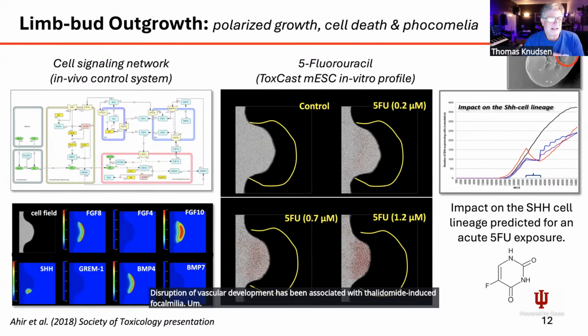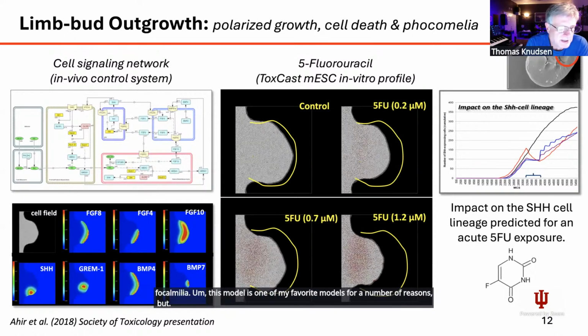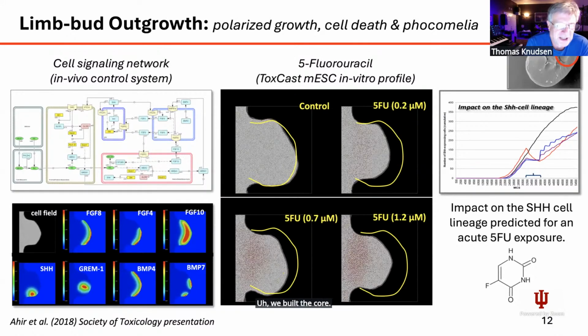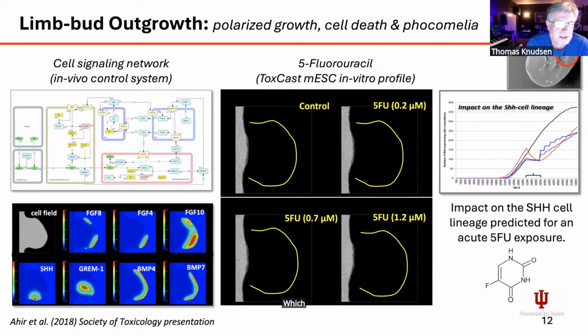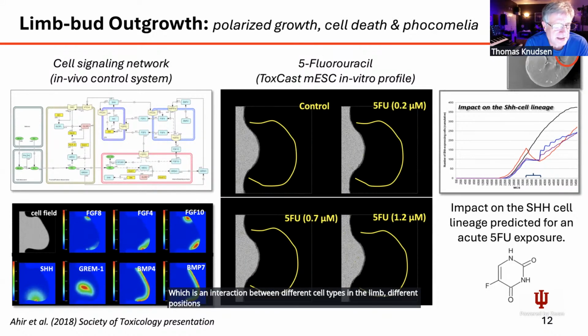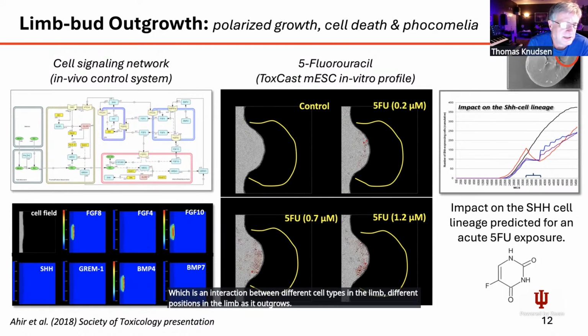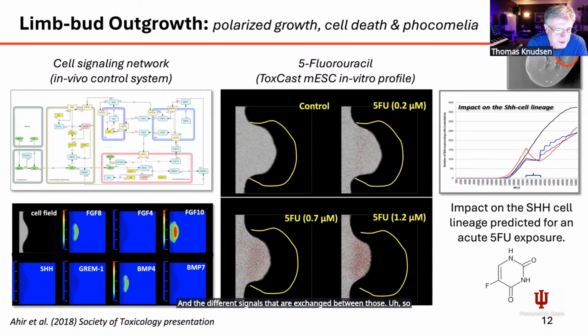This model is one of my favorite models for a number of reasons, but we built the core control signaling network shown up in the upper right, which is an interaction between different cell types in the limb, different positions in the limb as it outgrows, and the different signals that are exchanged between those. So this is captured from the literature.